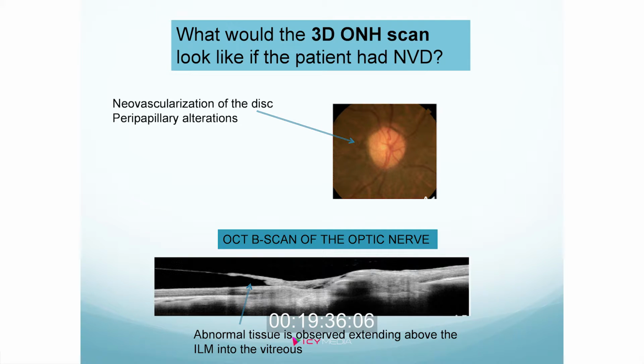So here you can see an example of a situation in a patient that has proliferative diabetic retinopathy. They have NVD. And when you look at the photo, you can clearly see the NVD. Okay? What would that look like on an OCT of the optic nerve head? Well, you can first off see that divot that I talked about is missing.